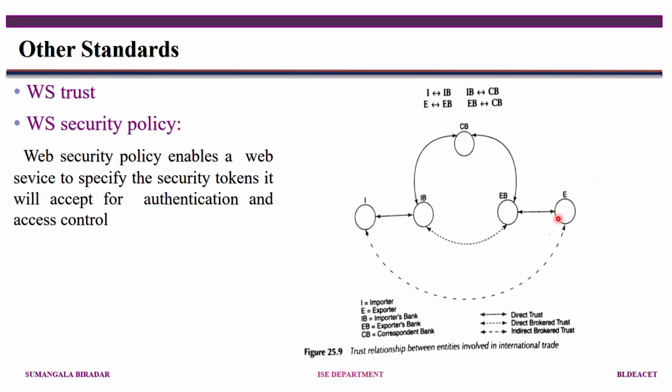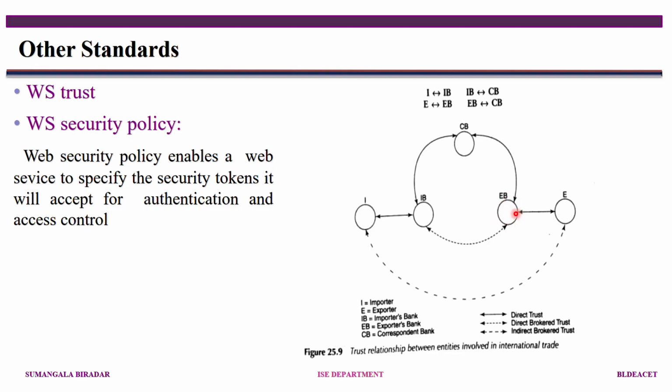Now what will the exporter do? To check whether it is a secure token or not, first it sends that security token to EB. EB can also verify that. If EB is unable to verify, then it sends it to CB here. CB, obviously, generated it, so once it verifies, it sends the trust to EB.